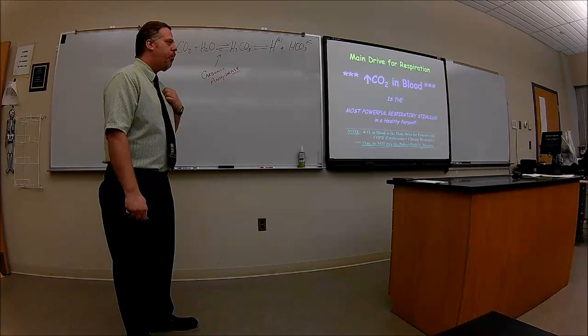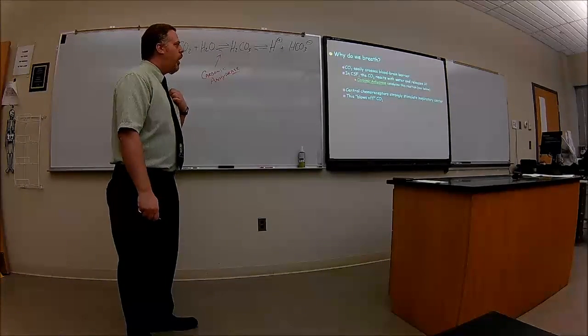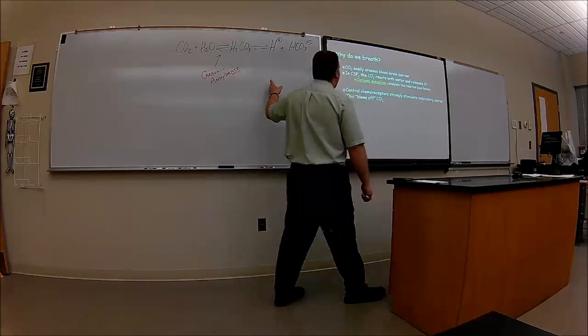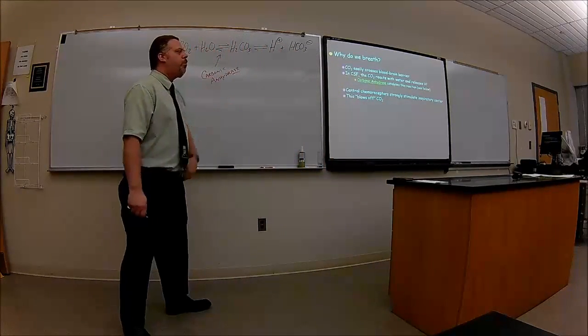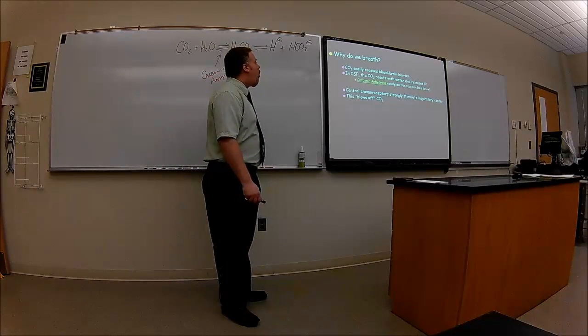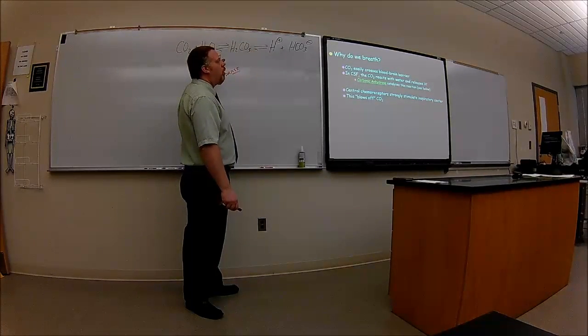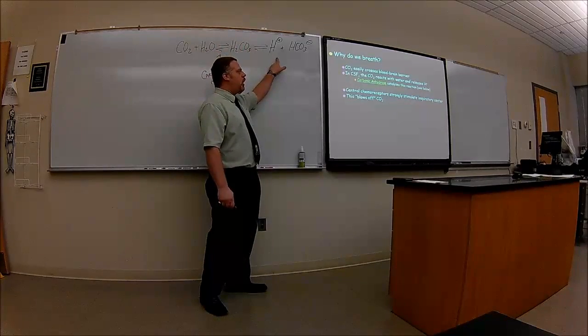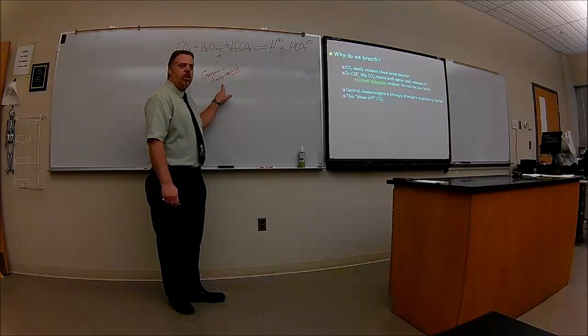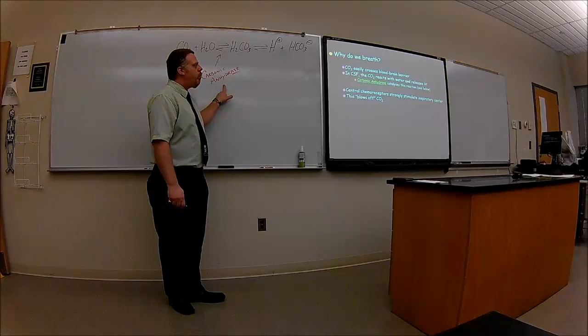Okay? All right? So why do we breathe? Basically, it's this reaction here. Carbon dioxide easily crosses the blood-brain barrier. In the cerebral spinal fluid, the carbon dioxide reacts with water and releases hydrogen ions by way of the carbonic anhydrase enzyme. Okay?